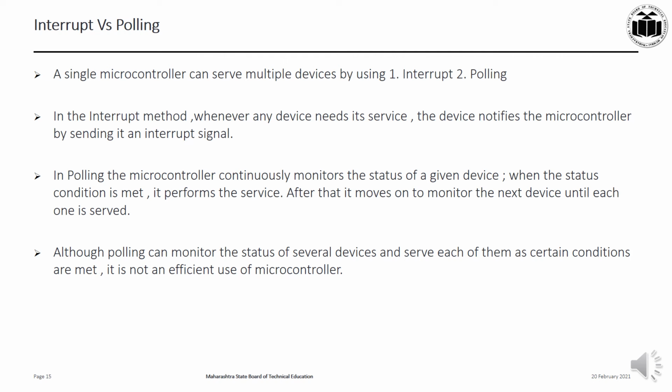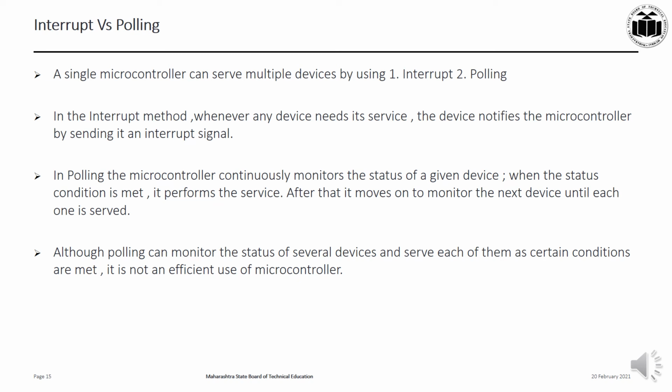The program associated with the interrupt is called the interrupt service routine or interrupt handler. In polling, the microcontroller continuously monitors the status of a given device. When the status condition is met, it performs the service. After that, it moves on to monitor the next device until each one is serviced.